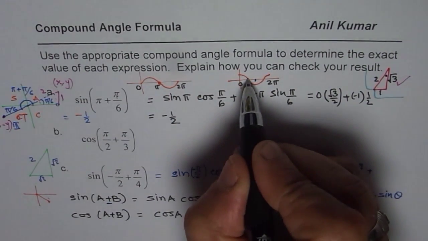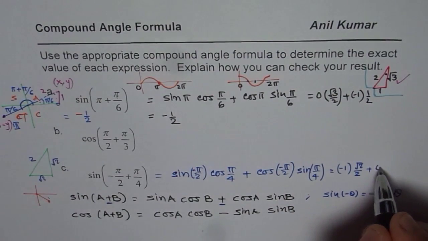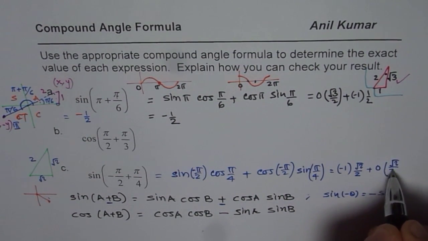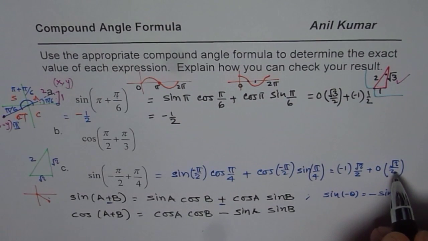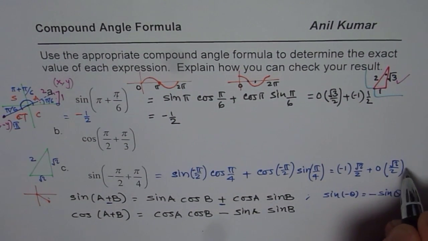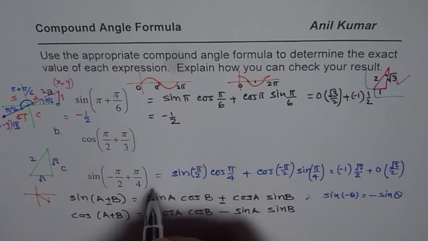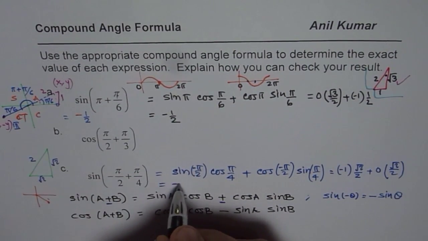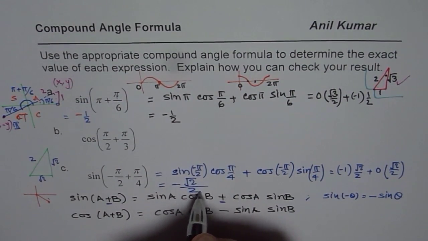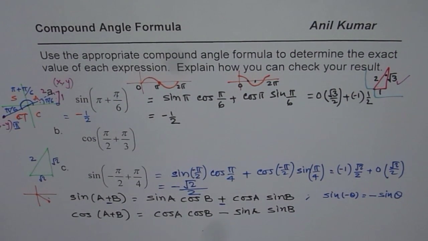For cos pi by 2, it is 0. So it is 0 times sine pi by 4, which is square root 2 over 2, right? 0 times anything is 0. So we get the answer minus square root 2 over 2, right? So we get our answer. That this expression is equal to minus square root 2 over 2. Perfect. So that is what we get.